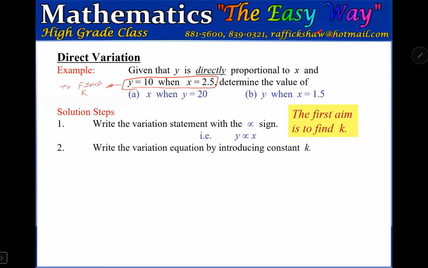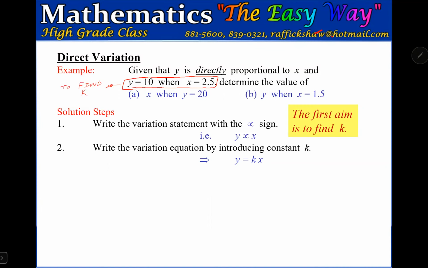You write the variation equation by introducing a constant k. So you can just write that y equals a constant times x. So when it's a direct variation, one variable equals a constant times the next variable.